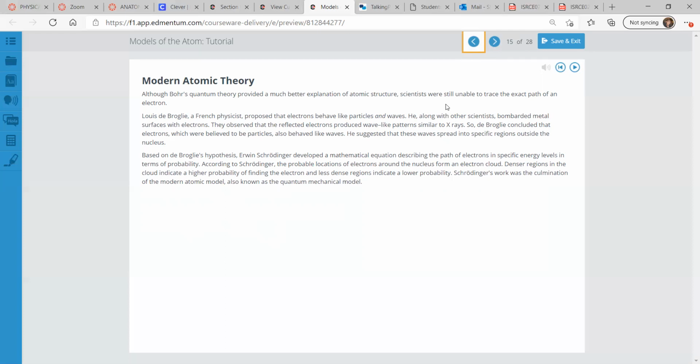Denser regions in the cloud indicate higher probability, so it's more likely that electrons will be found there. If it's less dense, there's a lower chance that you will find electrons there. And his work was the culmination of modern atomic models. And this model was known as the quantum mechanical model.